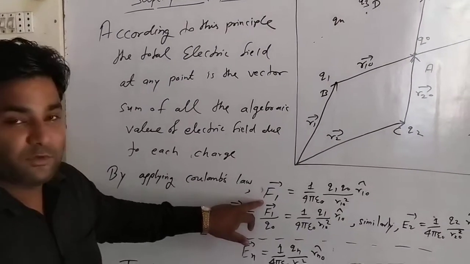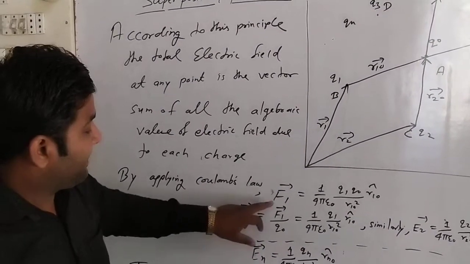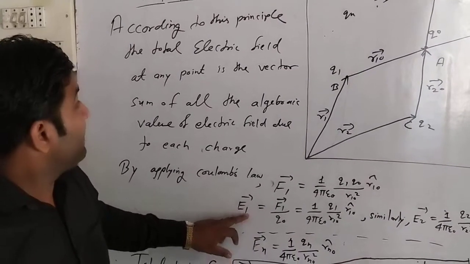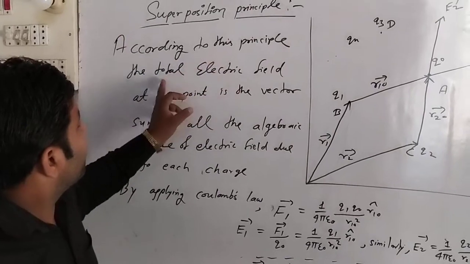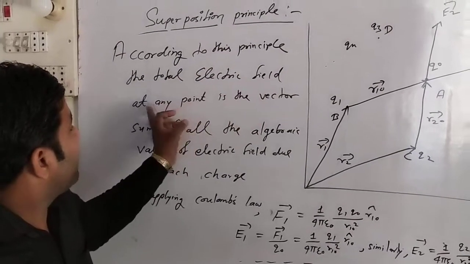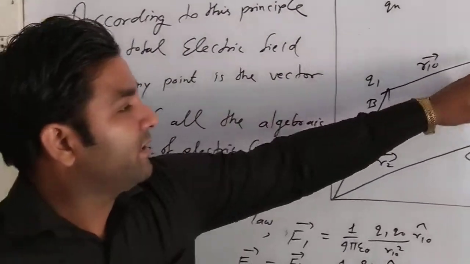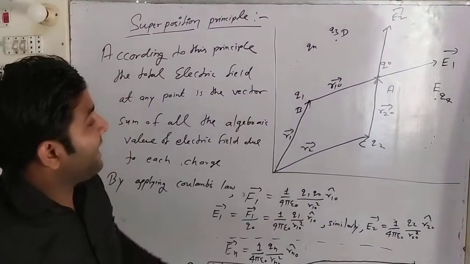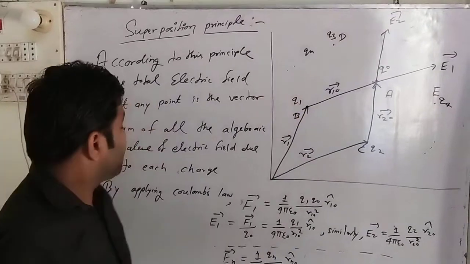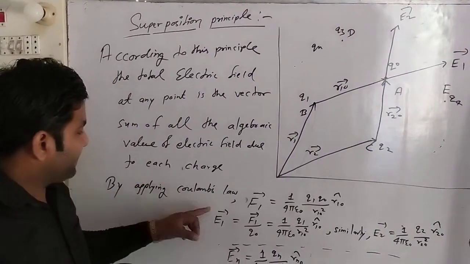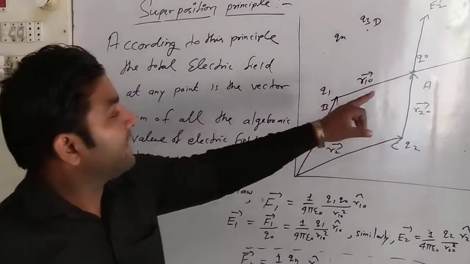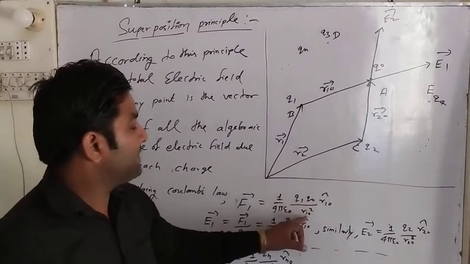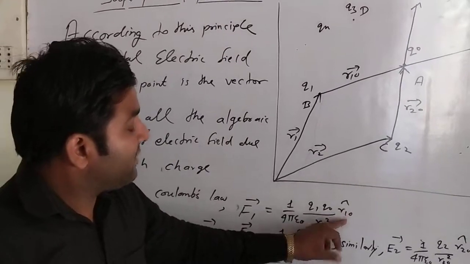First of all, force calculation, and then with the help of force we can calculate the electric field. According to this principle, the total electric field at any point, here at point A, due to a number of charges, where the test charge is held, we can calculate using Coulomb's law acting at point A due to Q1, that is 1 upon 4 pi epsilon naught, Q1 Q naught upon R1 naught square, R1 naught unit cap.